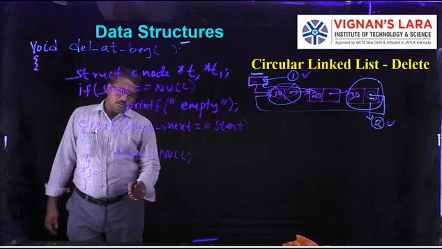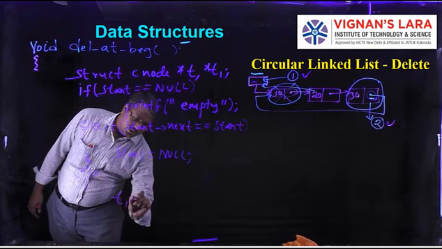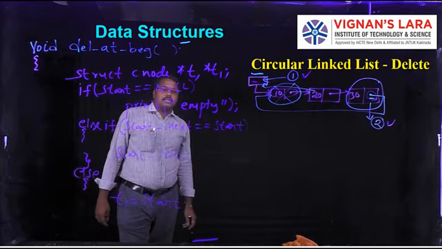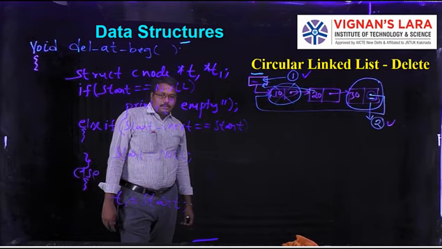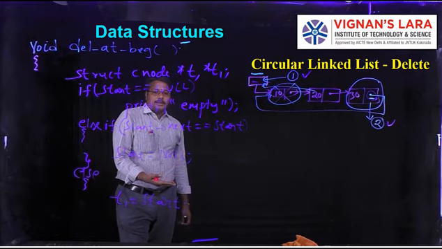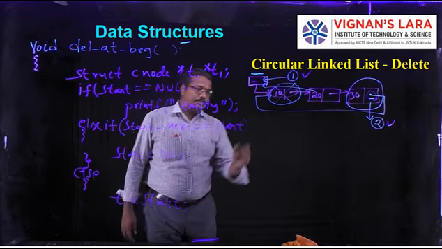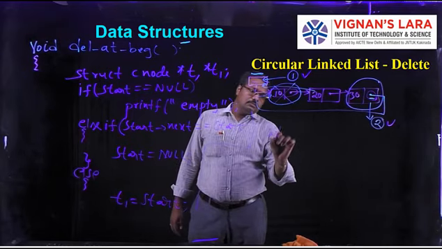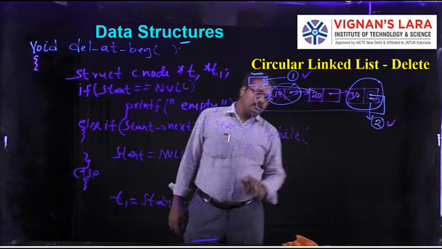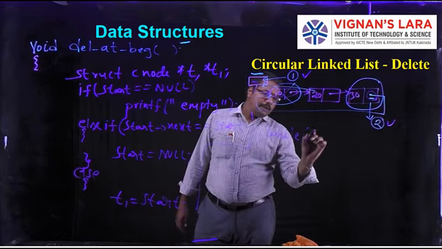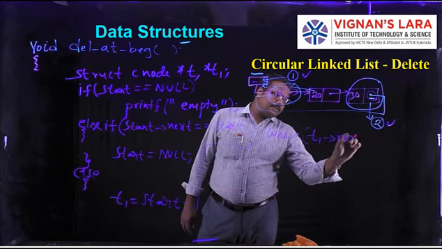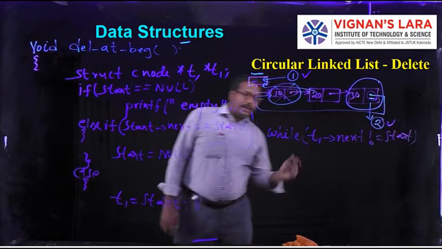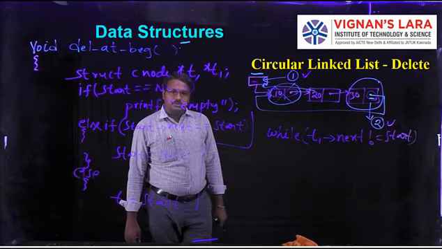So initially travel in the linked list. So T1 is equal to start, means I am copying starting node address into a temporary variable. After that, I am putting a condition, like while T1 of next not equal to start.